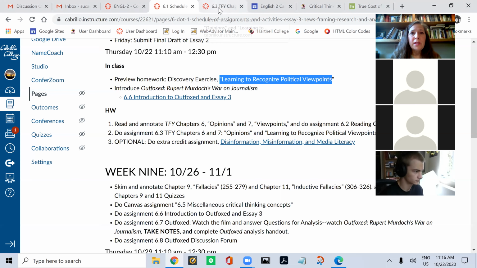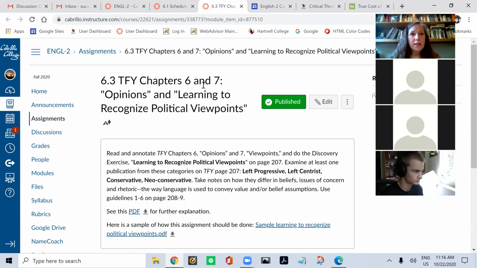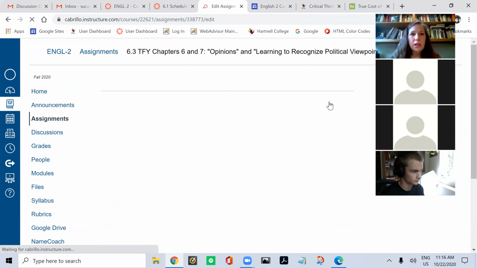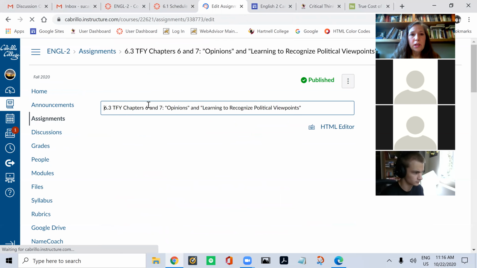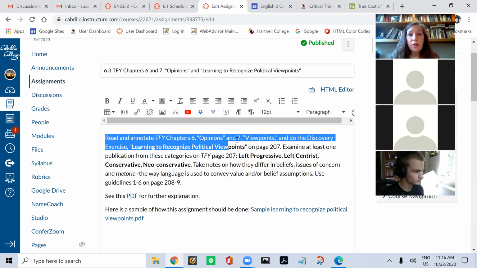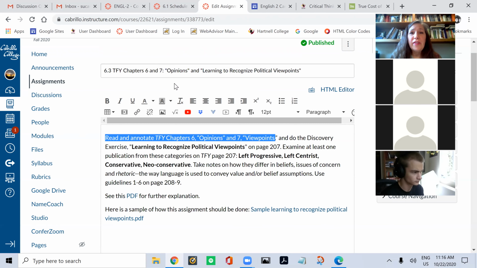That's assignment 6.3. It's drawing on chapters 6 and 7. It's not about chapters 6 and 7. In fact, I should get rid of that. Let me do that right now. That's confusing. Even though I tell you to read and annotate, you will have done that already, I think, for the quiz. So let me clarify that right now.